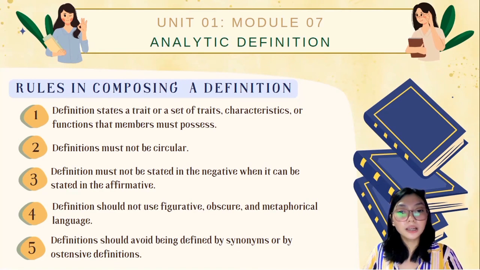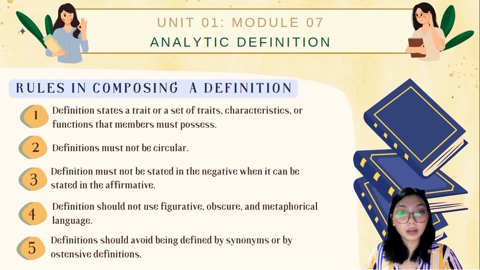For the third one, a definition must not be stated in the negative when it can be stated in the affirmative. It should state what it is and not what it is not. And second to the last is that a definition should not use figurative, obscure, or metaphorical language.